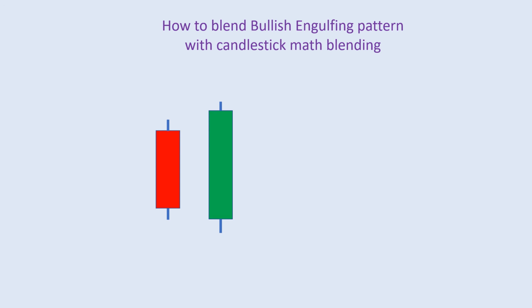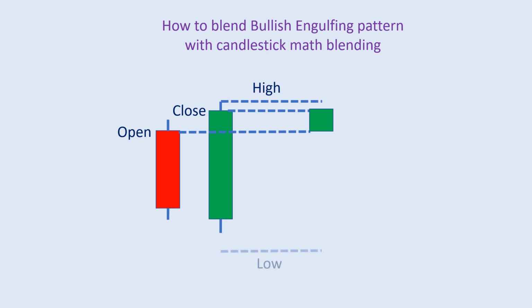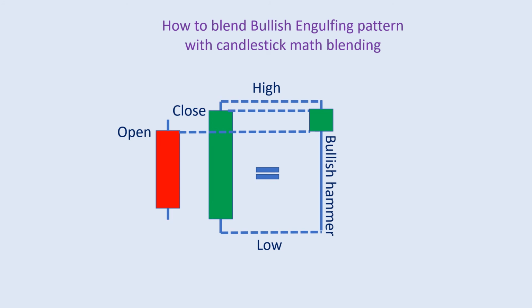In order to blend these two candles, we take the open of the first candle, we take the close of the second candle, we pick the portion between open and close, and then we take the high and low of the pattern. And the equivalent is going to be a bullish hammer.